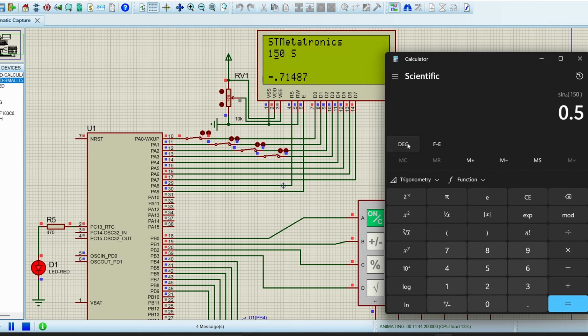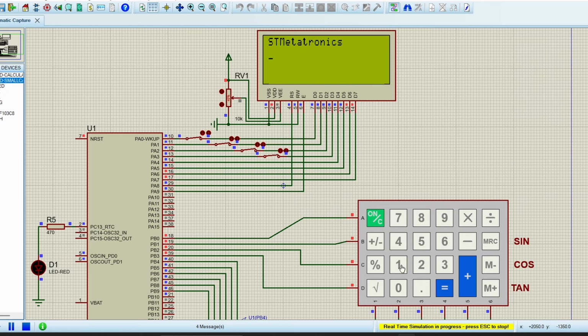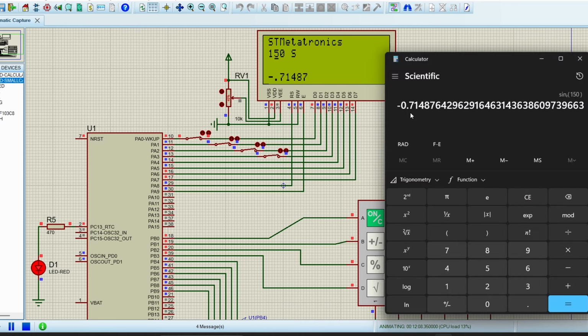Now, we were entering degrees. We try again: sine of 150, and we get 0.71487. So it is matching with our calculator results.